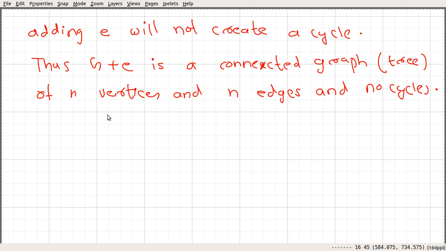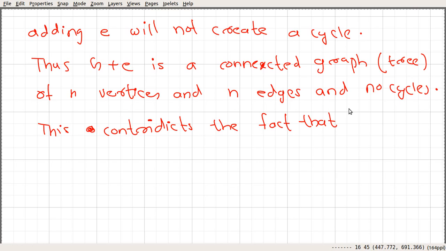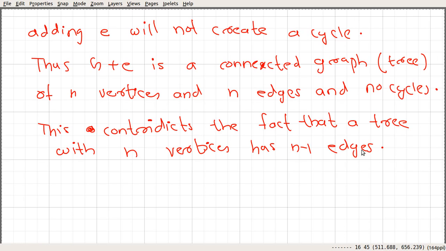Let me write down what I said. So this is a contradiction. This contradicts the fact that a tree with n vertices has n minus 1 edges.